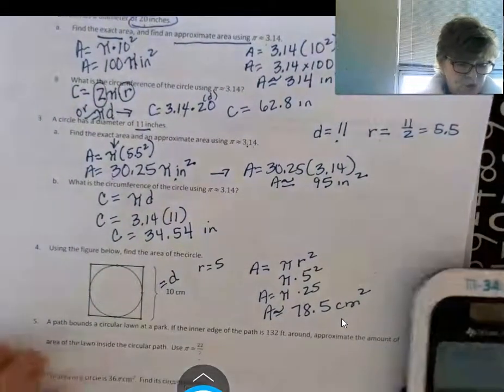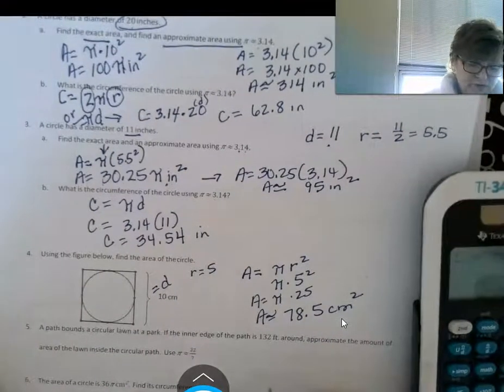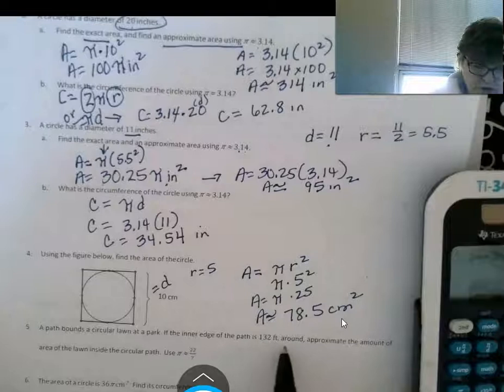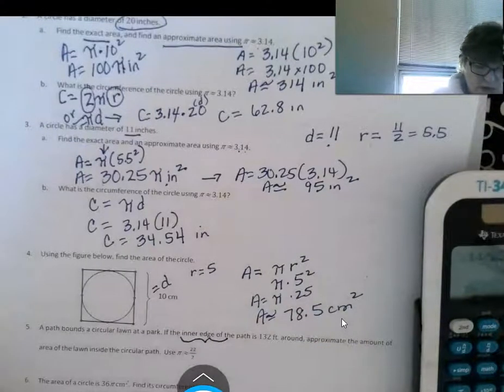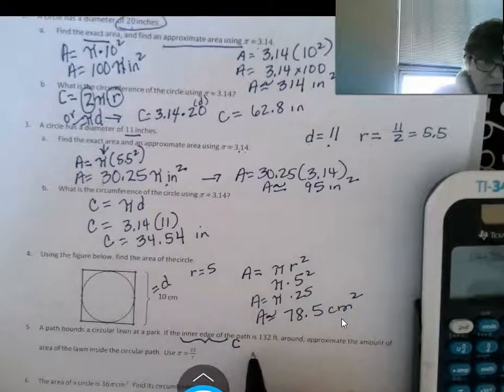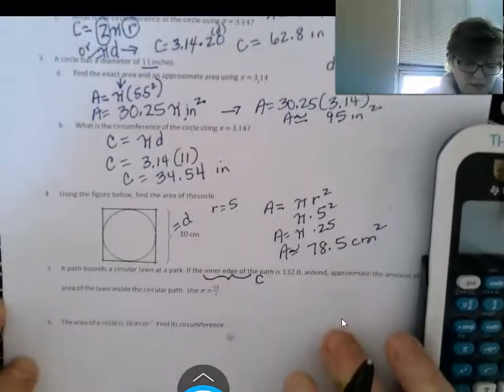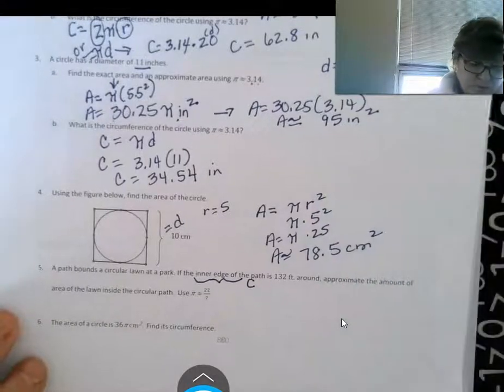A path bounds a circular lawn at a park if the inner edge of the path is 132 feet around. So that inner edge is referring to the circumference. So my C is 132 feet. Or feet, excuse me, it's not squared.